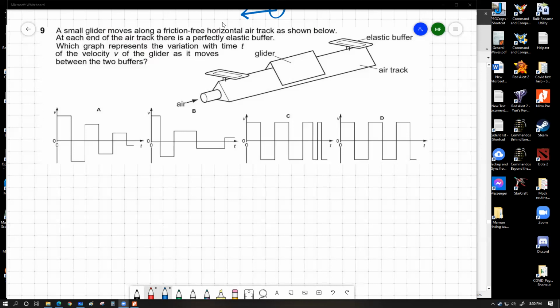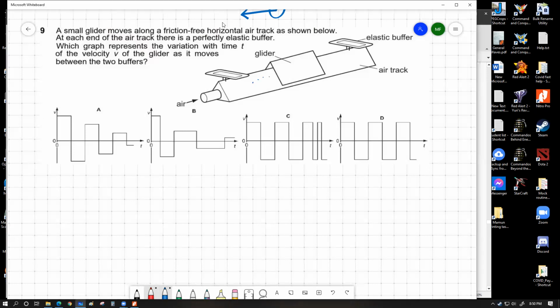An air track is basically a hollow structure like this, where there are small holes over here. There may be multiple holes, or one line of holes, it doesn't matter. Air is pushed through this chamber at a slightly higher pressure than atmospheric pressure. This causes air to leak out slowly.